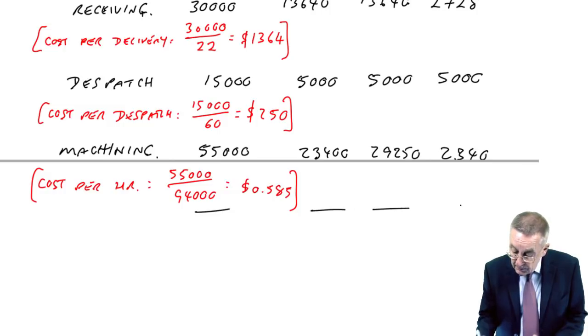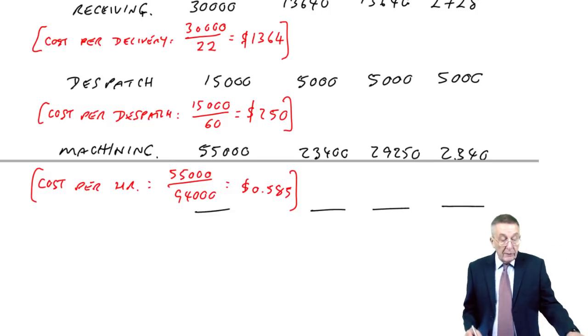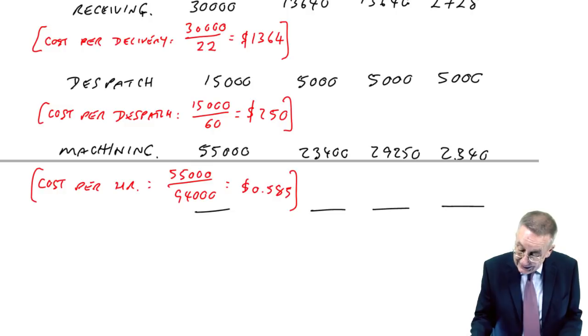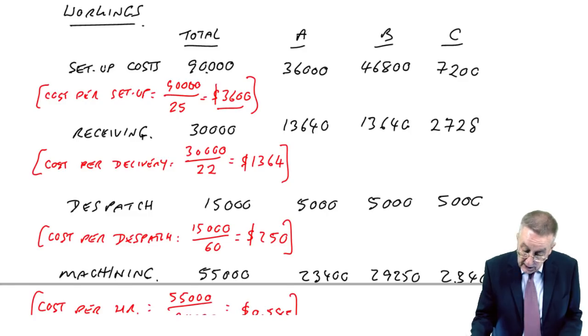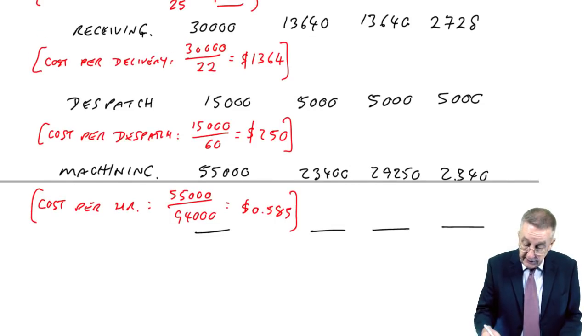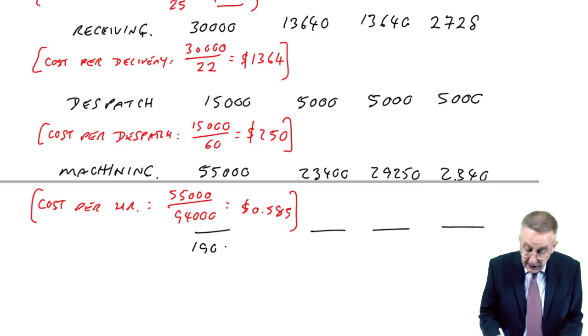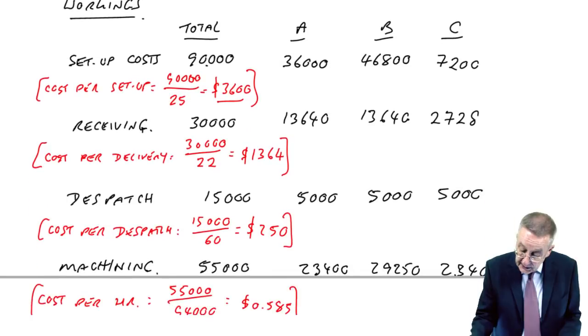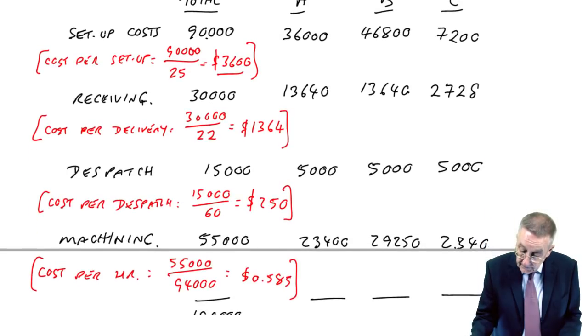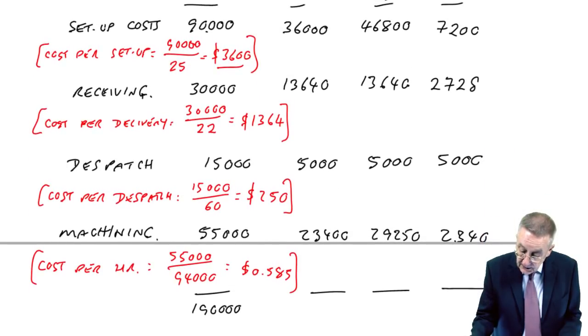If I add these up, the total overheads, of course, 90, 30, 15, 55. The total 190,000, as we knew. But we now have split it between the products.